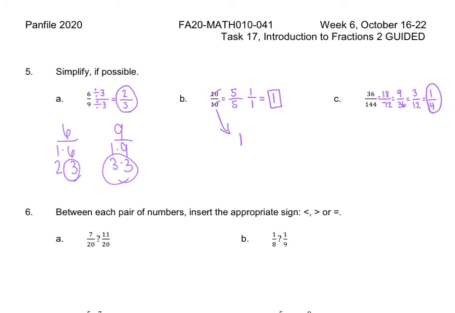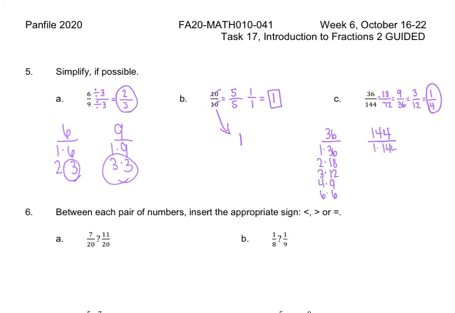But here, watch. I could have done my GCF, which definitely would have taken me a couple more minutes in the beginning. I say 1 times 36, 2 times 18, 3 times 12, 4 times 9, 6 times 6.